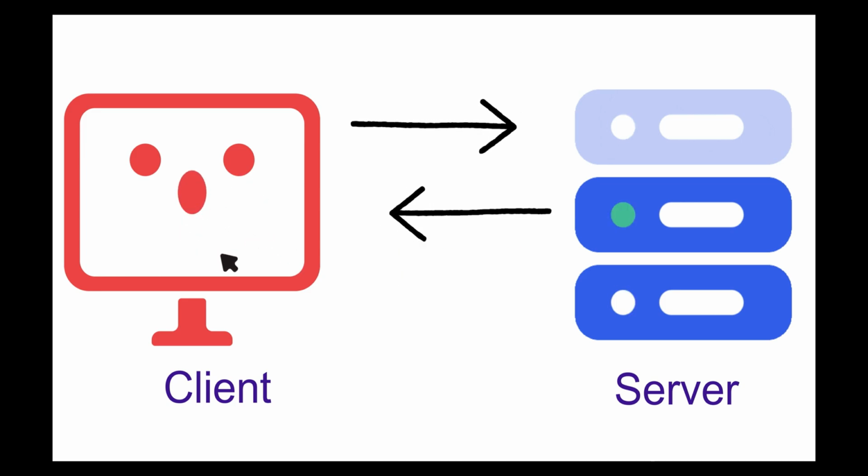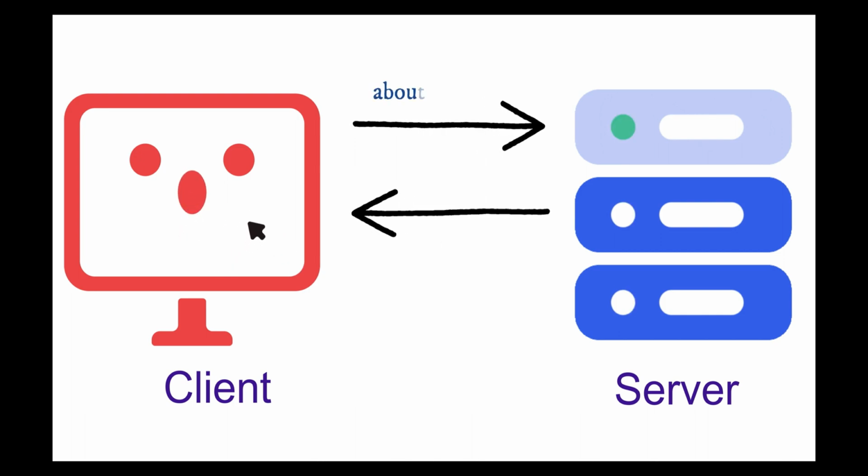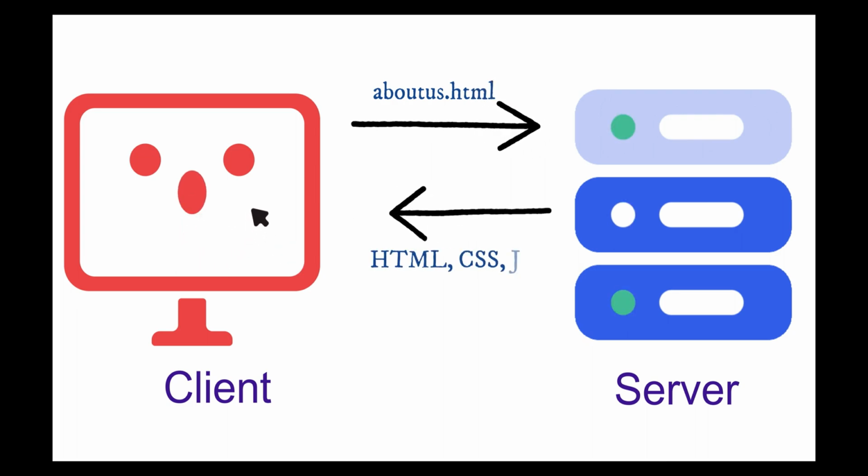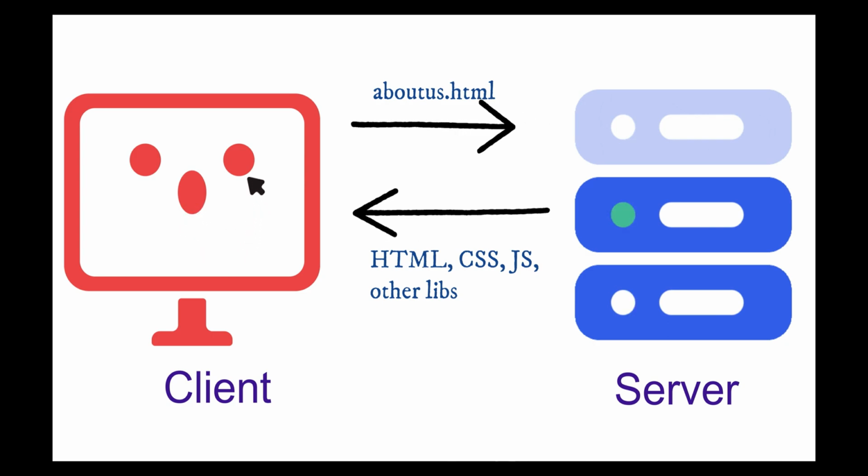So if the client again changes the URL, let's say from home it goes to about us, it will again request the server to send all the associated pages and the necessary imports that is added in the page. So if you click here, it will go there, it will request the server, and the server will send all the HTML, CSS, JavaScript all over again. So that's one of the biggest flaws of traditional application.